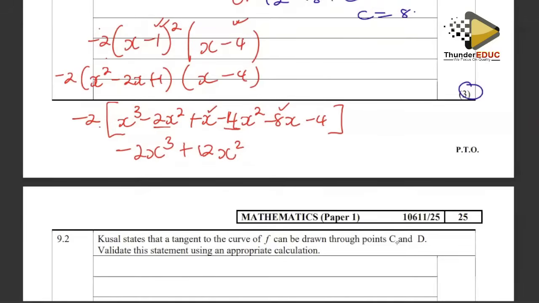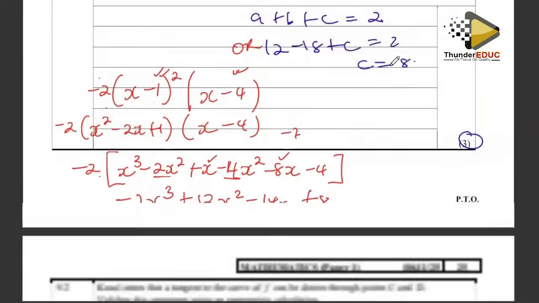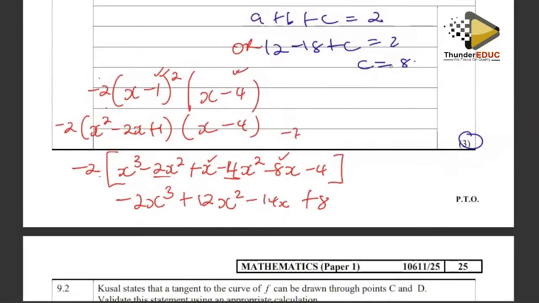Did I leave out a 2 somewhere? Because this x squared, x cubed minus 2x squared plus x. Okay, because I'm getting a negative 7 and then that's a negative 14, which doesn't make sense for me. And then the negative and negative, we are getting a positive 8. So the 12 is out, the 8 is out, then this should be a negative.